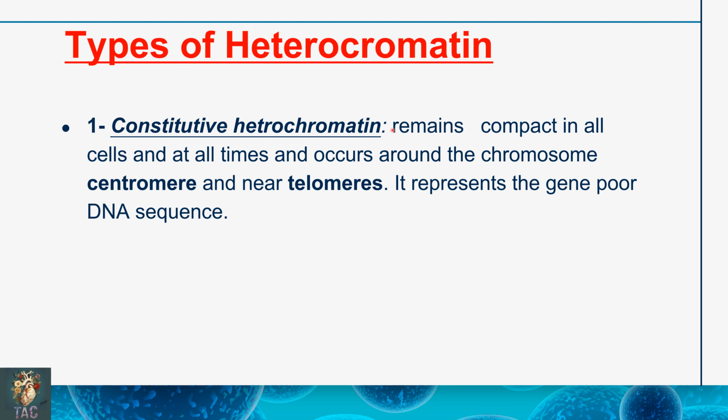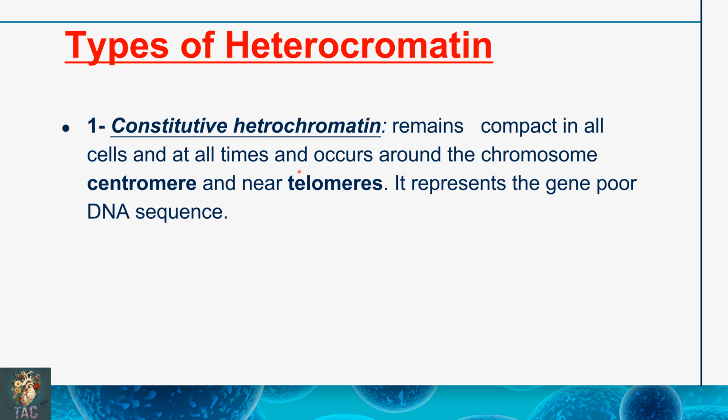Another type, the heterochromatin which is inactive, again has two types. One is the constitutive, the other is the facultative. So constitutive remains compact in all the cells and at all times, and occurs around the chromosomal centromere and telomere.